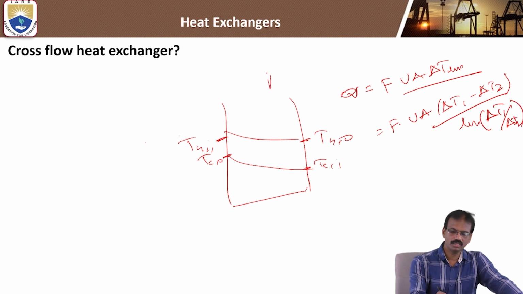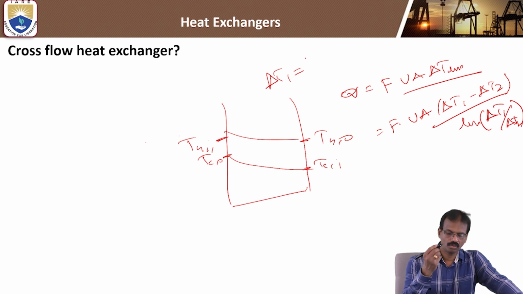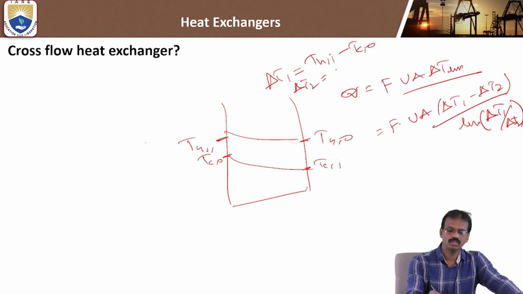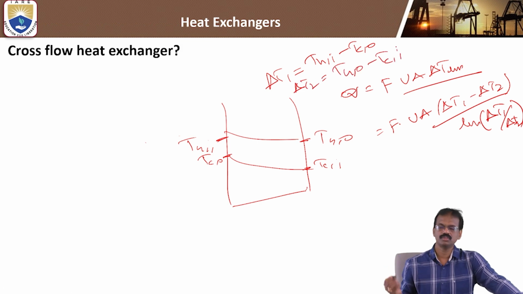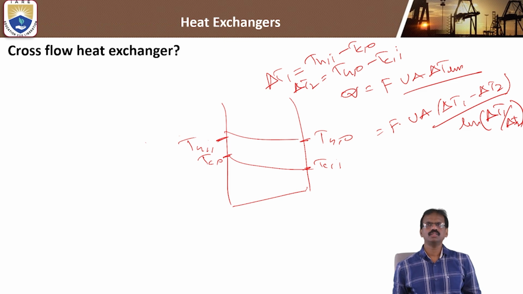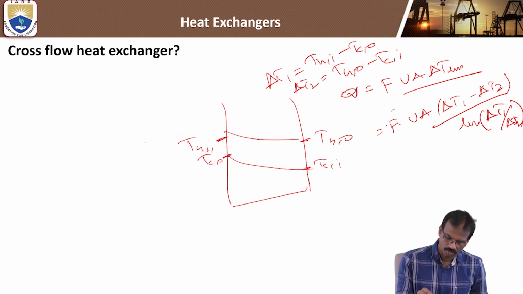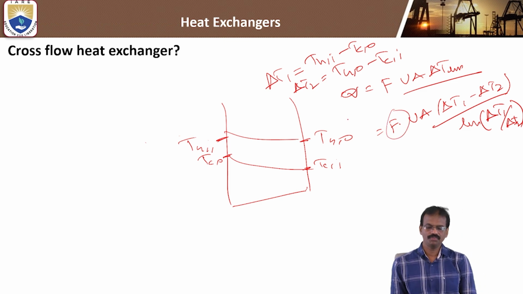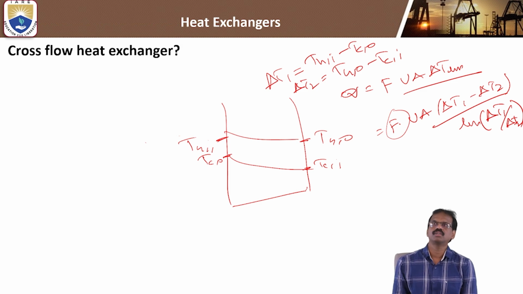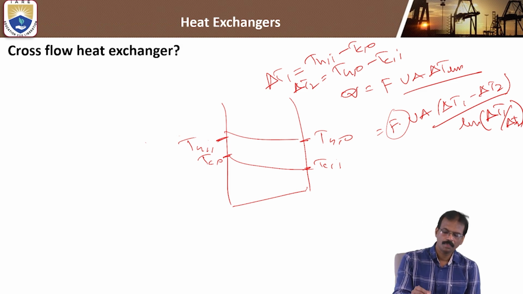Delta T1 is similar to the counter flow exchanger: hot fluid inlet minus cold fluid outlet. Delta T2 is hot fluid outlet minus cold fluid inlet, similar to the counter flow exchanger. But here one thing you have to remember is the factor F, the shape factor, which we have to add.